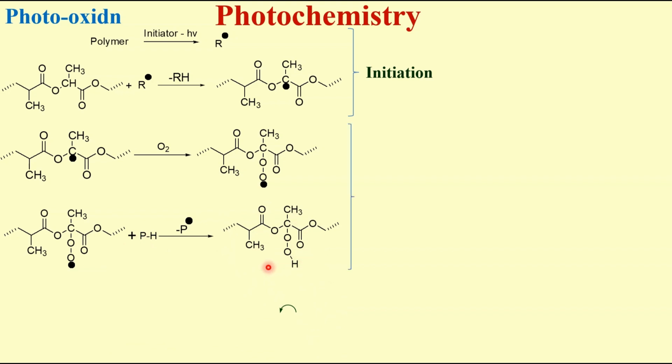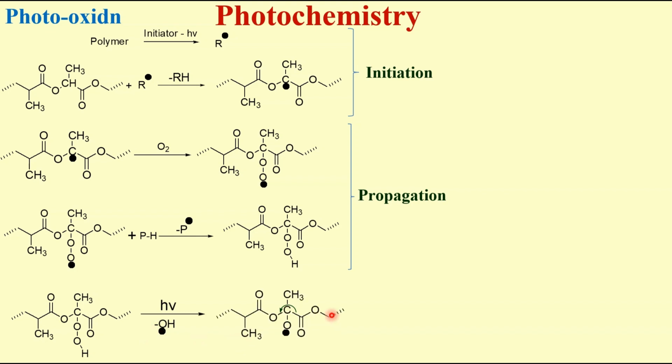This is propagation. This peroxy compound which is formed under the influence of UV light loses OH as a radical and gives rise to a carboxy radical.